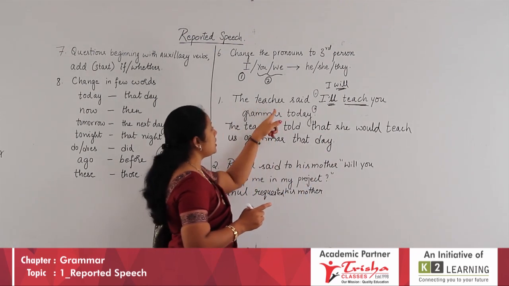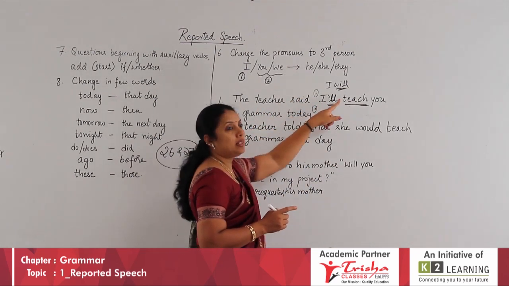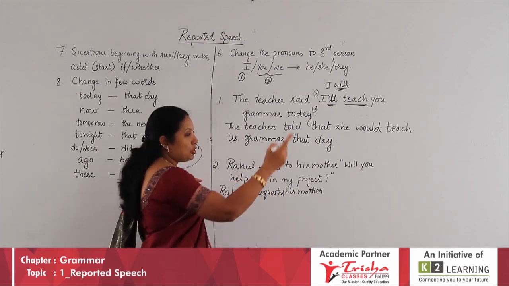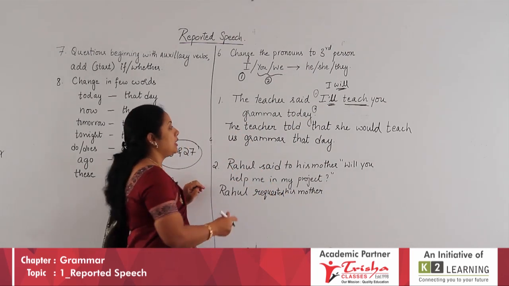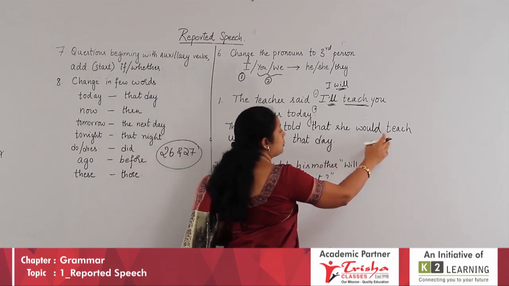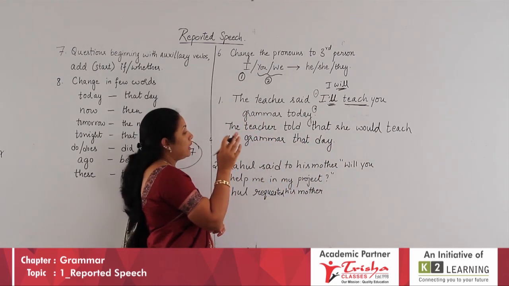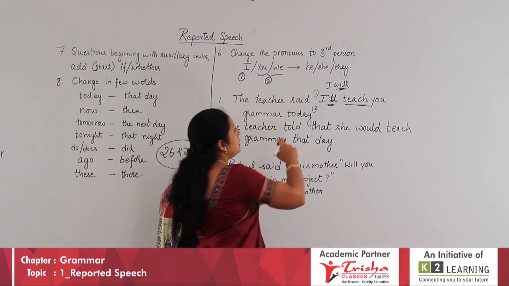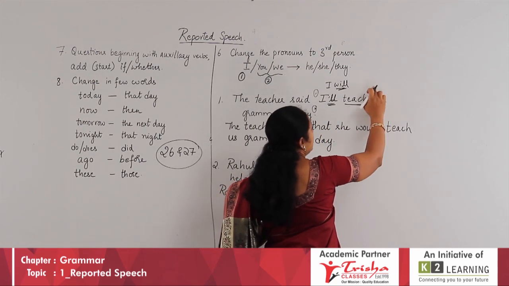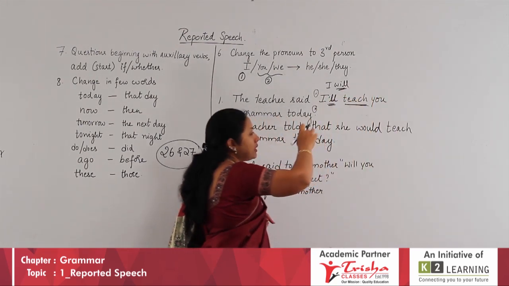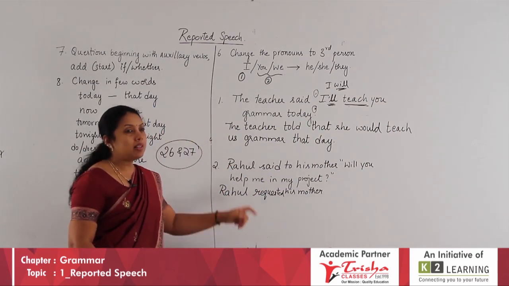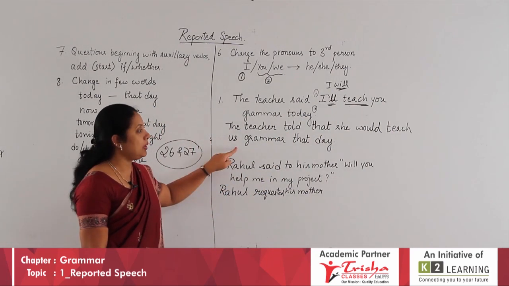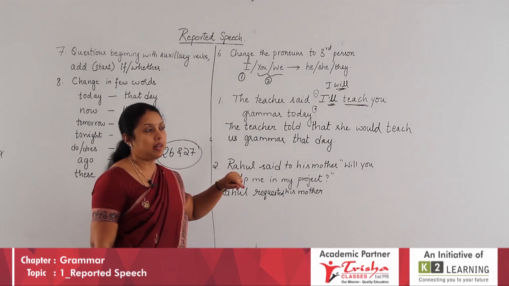If I say the teacher said to the students, I'll teach you grammar, then you'll have to change it in a different version. The teacher told her students that she would teach them grammar that day, because I am writing it in the second person here, you, and I am reporting it the same way. So I write it as us grammar. So it will be teaching us grammar that day.